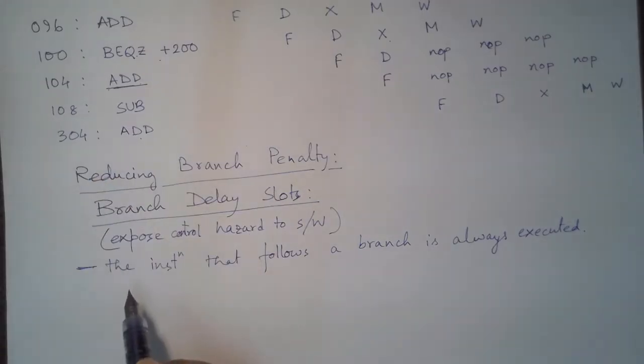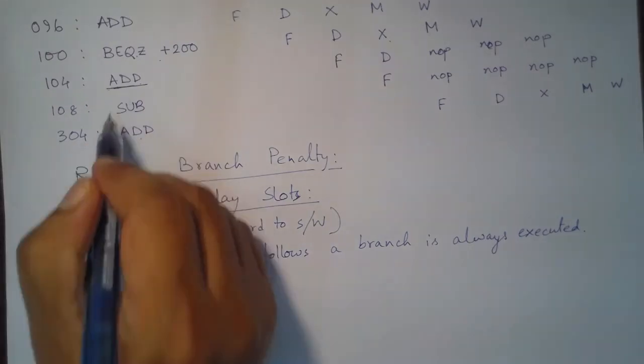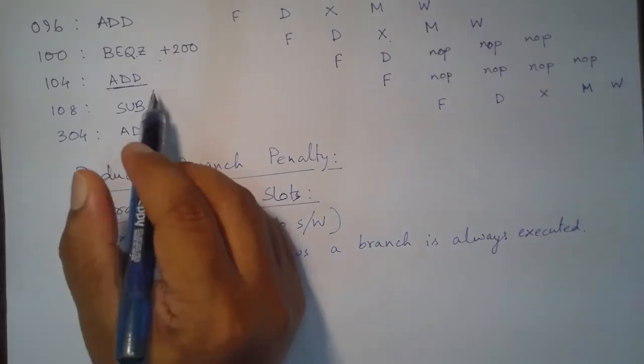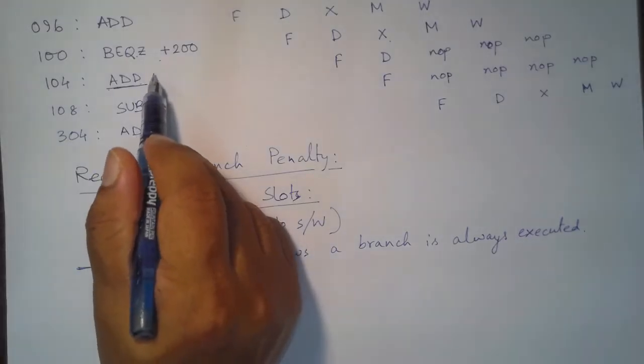Now depending on your design, you can select how many delay slots you want to have. Most of the cases you will see that there are one or two delay slots in most implementations, because it's very difficult to find independent instructions beyond that.